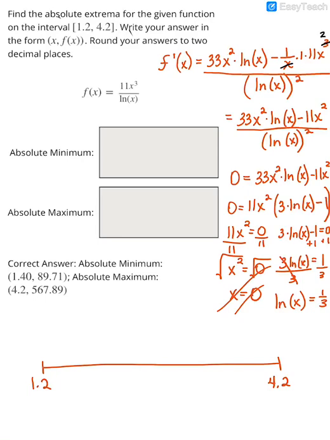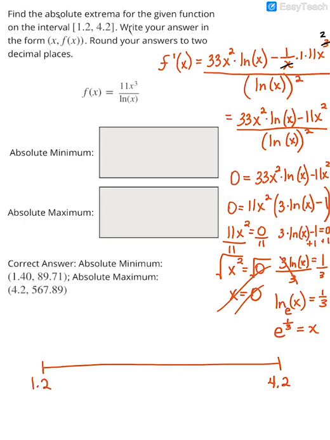At this point, to get x by itself, I'm going to have to change it to exponential form. With a natural log, it's understood to have a base of e. So if my base is e, the 1/3 becomes the power, and that is equal to x. We'll have to actually get on a calculator to figure out what that decimal would be.